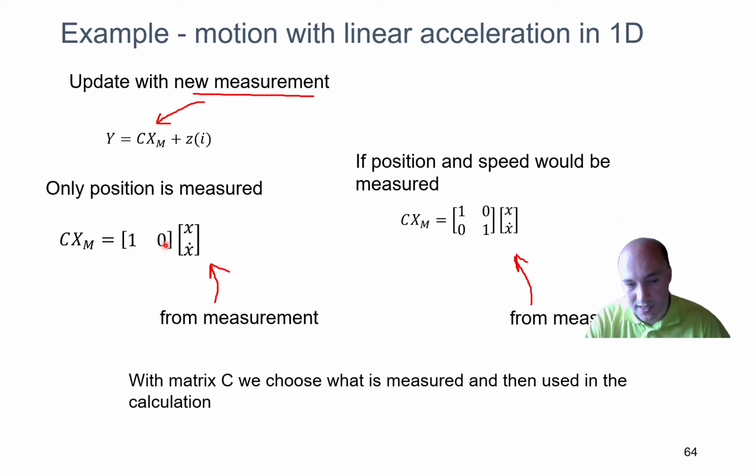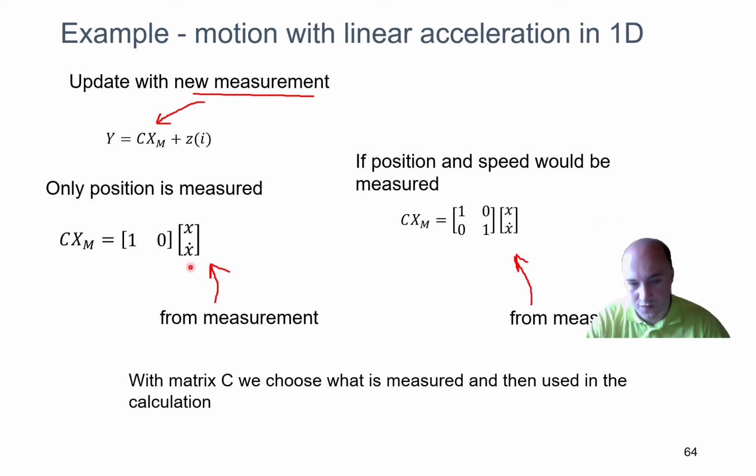You can see 1 and 0. Why? Because my vector x has the following format: I have position and speed. So I take 1 times measured position and 0 times measured speed, because I don't measure the speed at all. In this case, the matrix C would have only one row and 2 columns, so 1 and 0.